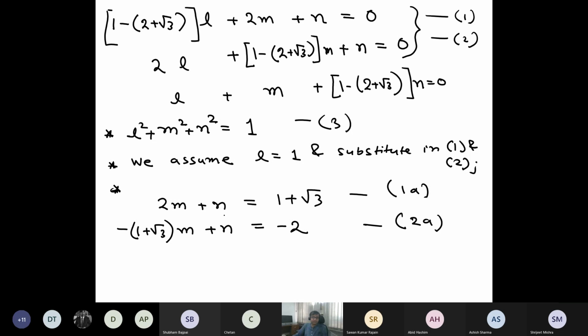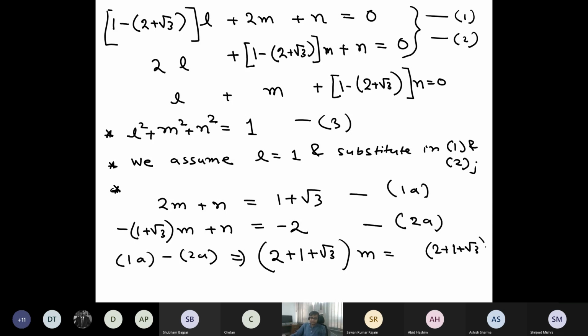So it's very simple. You subtract 1a from 2a, n will cancel out. So 1a minus 2a, and this will give you 2 plus 1 plus root 3 into m is equal to 2 plus 1 plus root 3. So quite clearly this will cancel out and you will end up with m is also equal to 1. We still need to find out n, and we will find out n from say 1a.